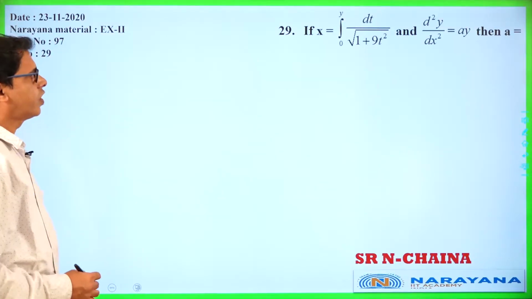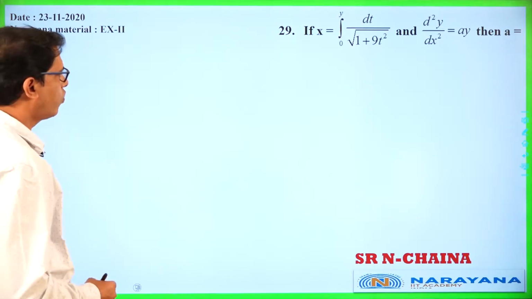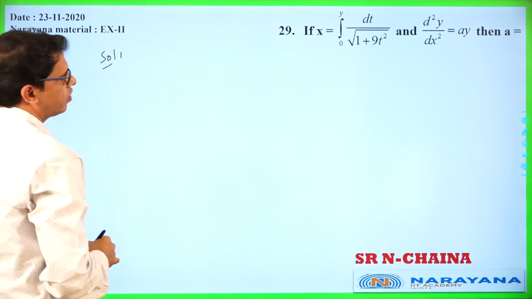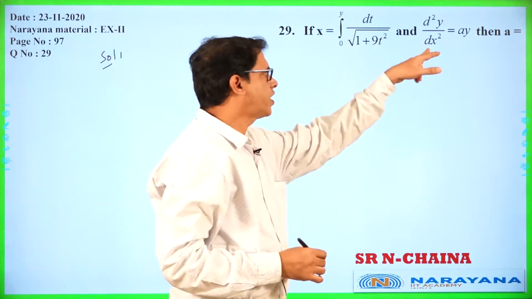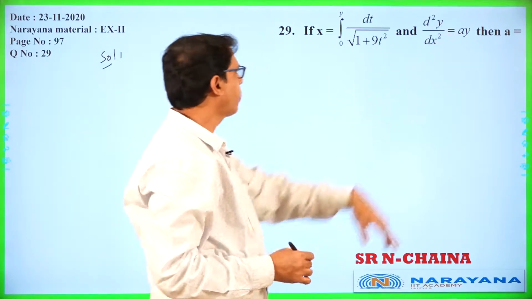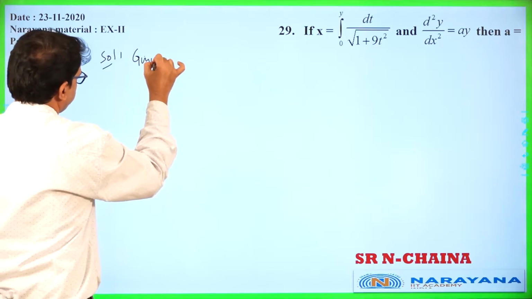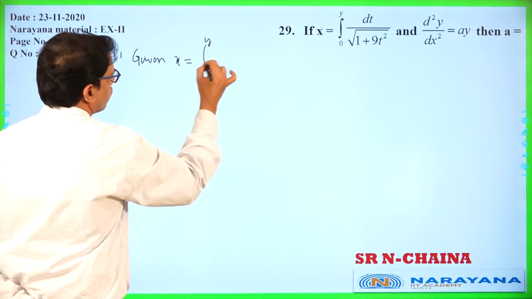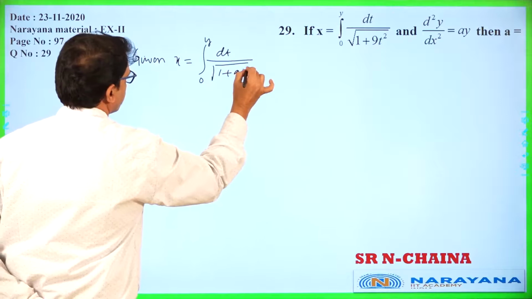Here, x equals the integral from 0 to y of dt upon root under 1 plus 9t square. We have to find the value of a when d square y by dx square equals ay. So first take the given relation, x equals integral from 0 to y of dt upon root under 1 plus 9t square.